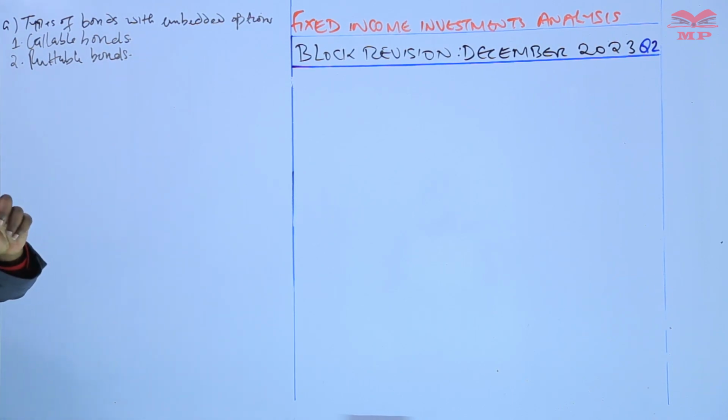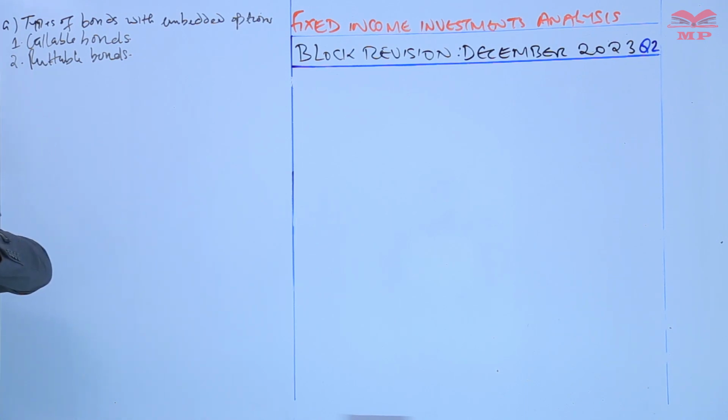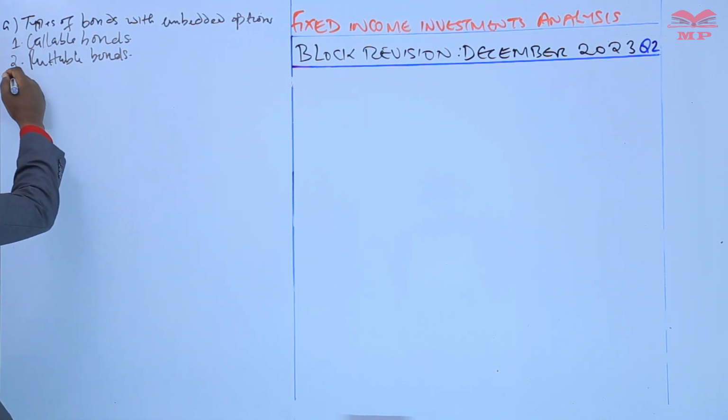That offers protection to the investor if interest rates rise, allowing them to exit the bond and potentially reinvest their money at higher rates elsewhere.